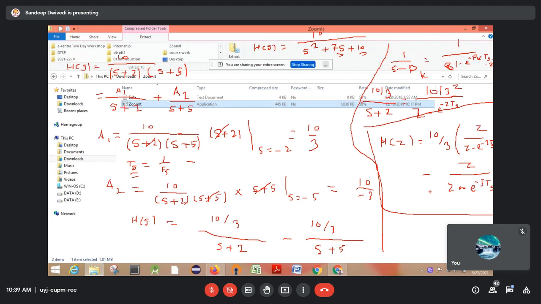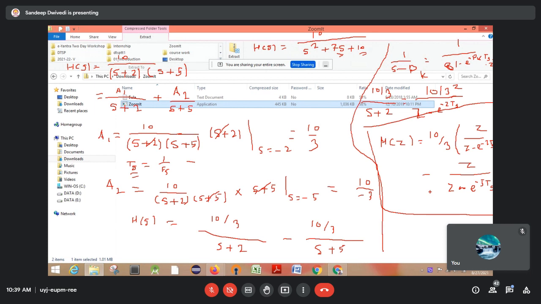Transfer the analog filter transfer function h of s given below into a digital filter transfer function h of z using the impulse invariance transformation method, with capital T equal to 1 second.